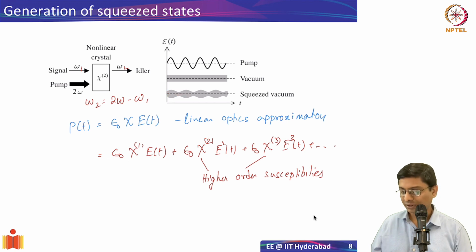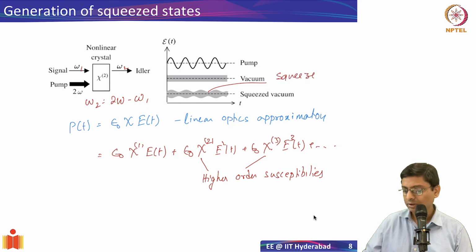So in that case, you can actually squeeze vacuum. Is it amplitude squeezing or phase squeezing? Amplitude squeezing at some amplitude, because the amplitude fluctuations are reducing, right? So at this point, you have reduced, or I call it squeezed, amplitude.